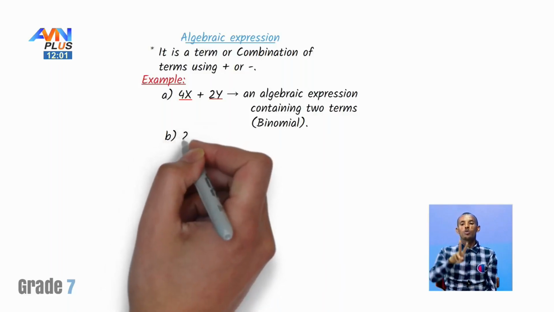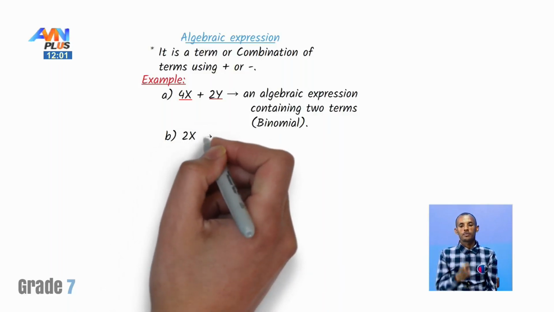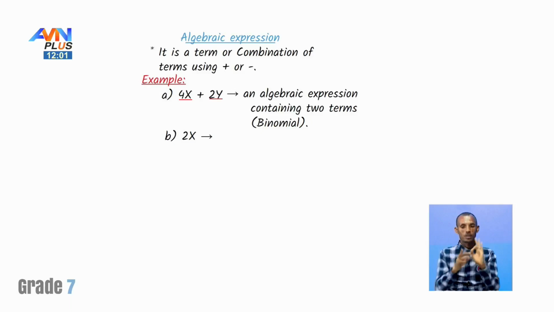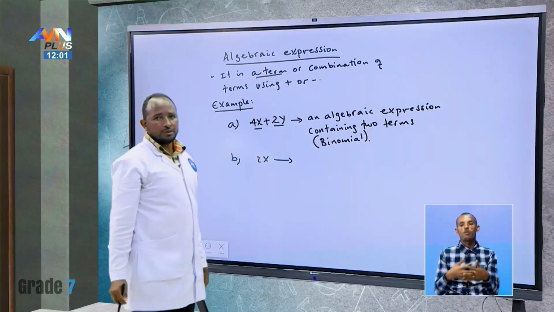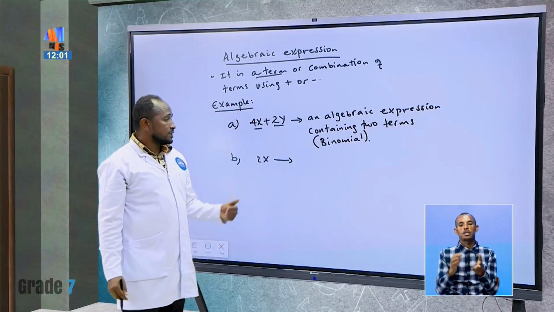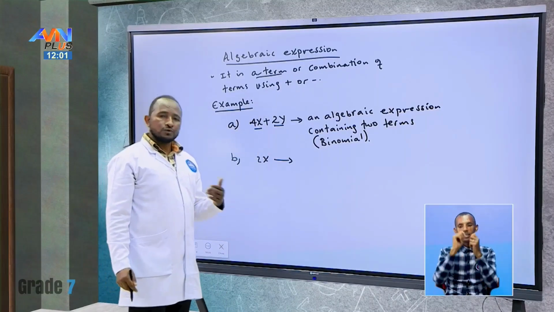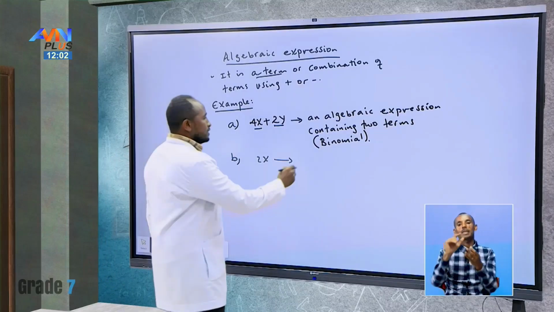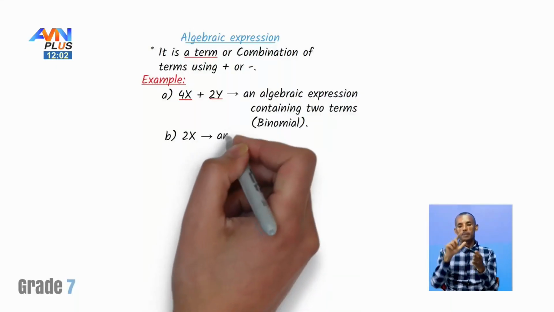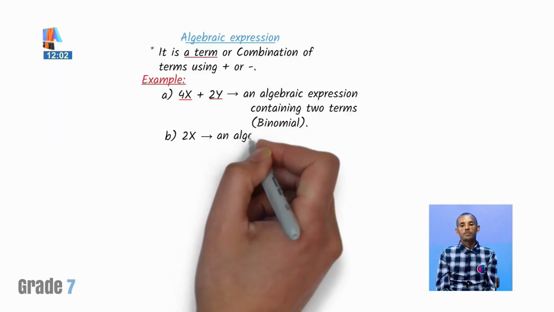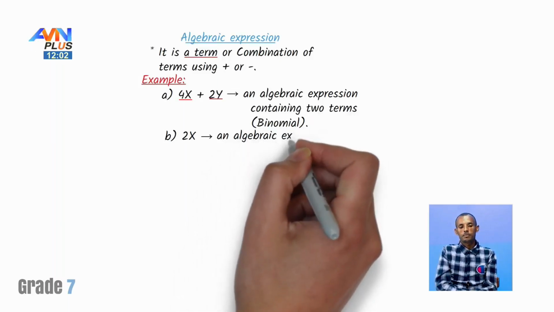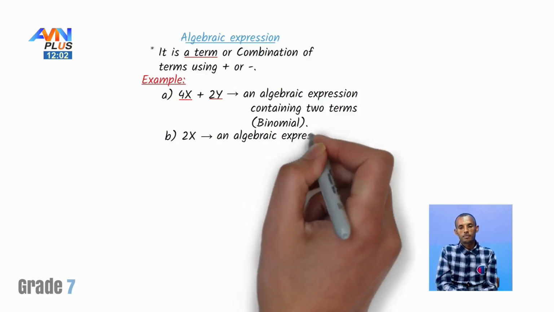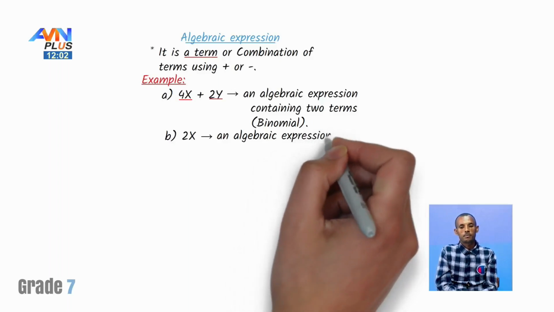Again, let's see this one: 2x. In the definition you can see that a term by itself is an algebraic expression, or a combination of terms is also an algebraic expression. Therefore, 2x is a term, and it's also an algebraic expression containing only one term.